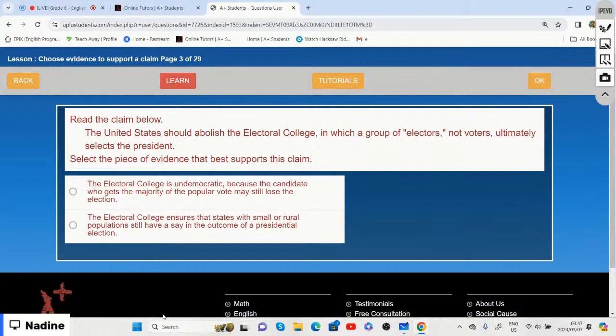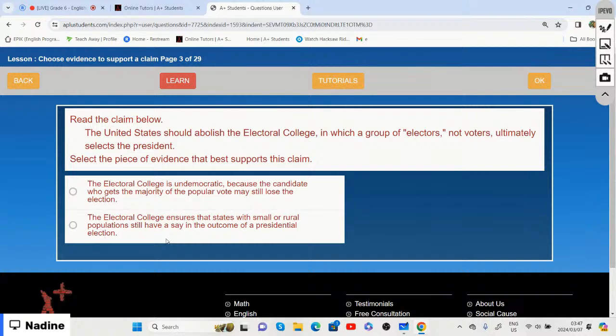All right, so we said the United States should abolish the Electoral College, in which a group of electors, not voters, ultimately selects the president. So we need to choose one of the options.